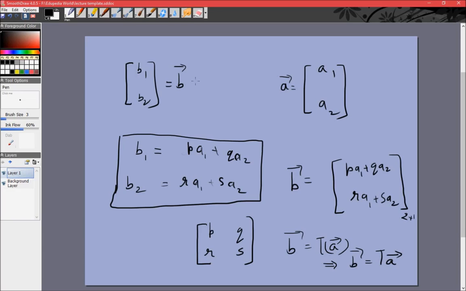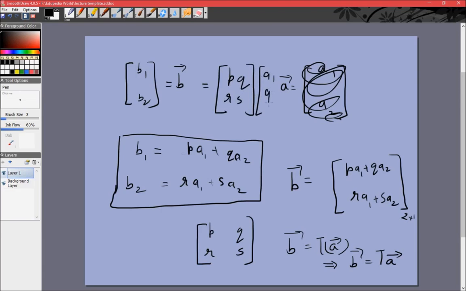So the equation would be B is equal to the matrix PQRS times A, which is A1, A2, and that should come out to be equal to PA1 plus QA2, RA1 plus SA2.